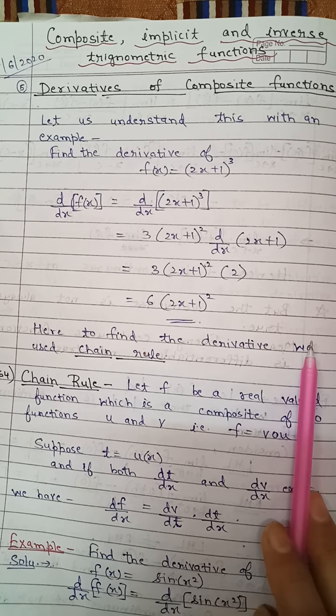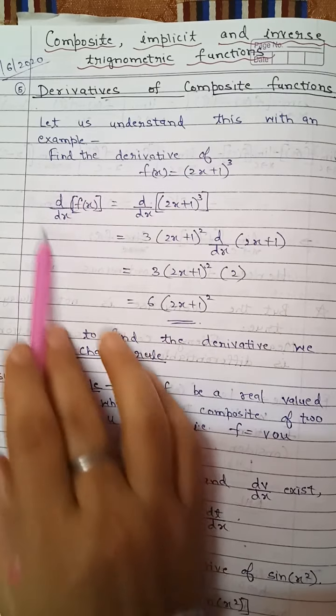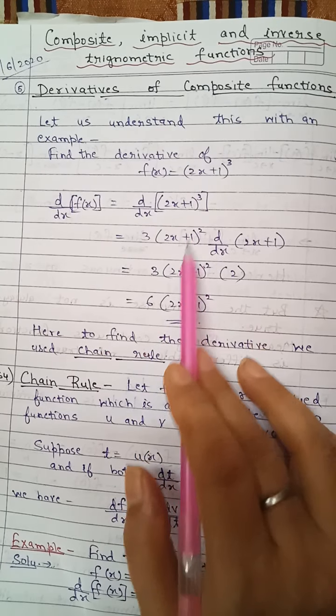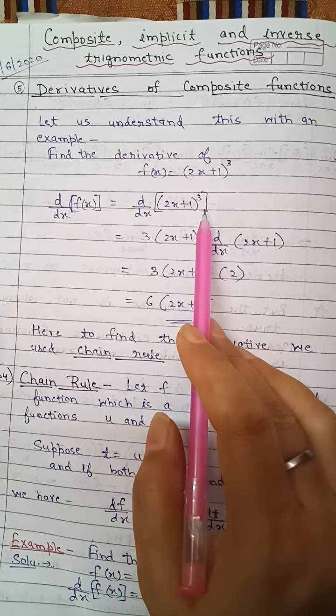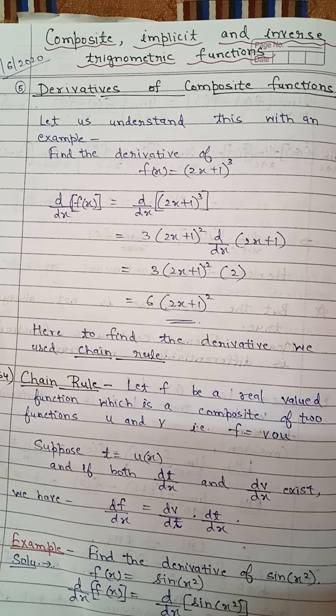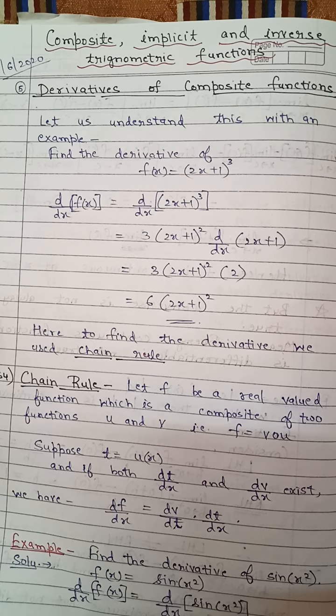Suppose the example is f(x) = (2x + 1)^3, and we have to differentiate this, that is, find the derivative of this. d/dx of f(x), just the general way of writing this. We know the derivative of x^n is n x^(n-1).